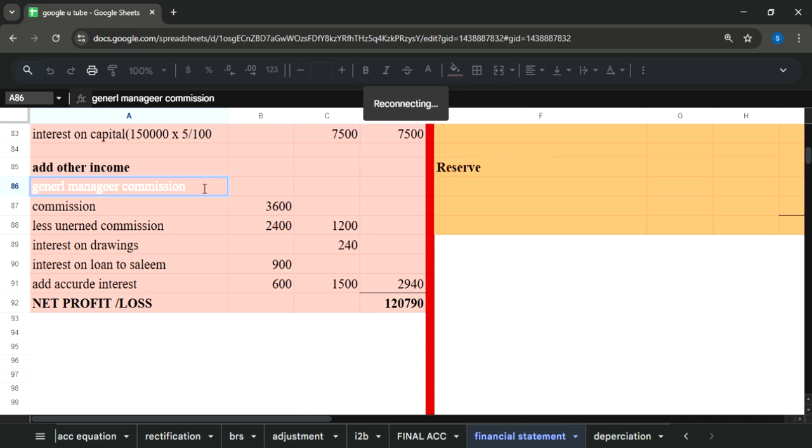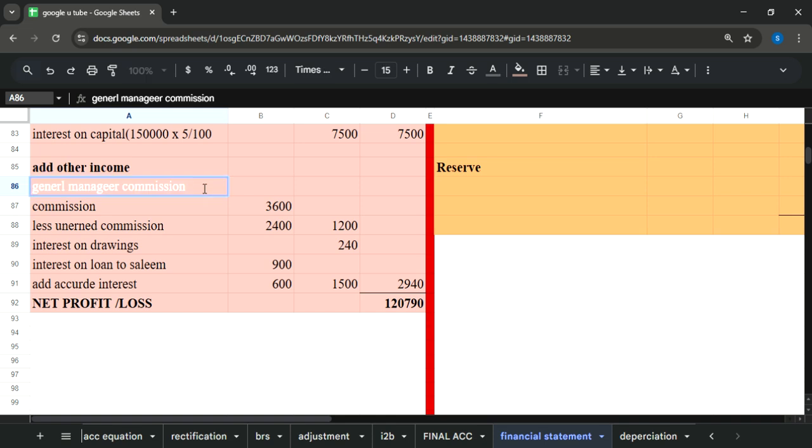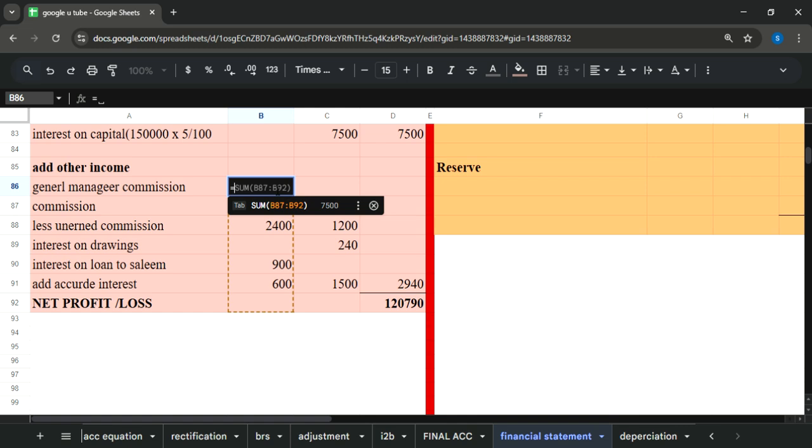Okay, so here we will be calculating. Oh, good. It had come back. 120,790, and we will multiply by 10 divided by 110. This thing is very important. 120,790 was your dummy net profit and you have taken 10%. How? By adding 10% to 100, because in net profit it was already included.